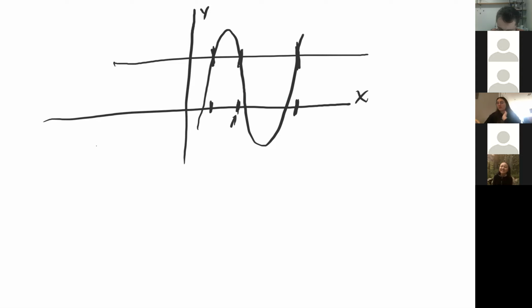And so the point here is that if you draw a horizontal line through the y-axis, then it intersects the graph of the function at all of the x values that correspond to that y value. And so if you have multiple x values or multiple intersections with that horizontal line, it means that your function can't possibly be invertible. Okay?